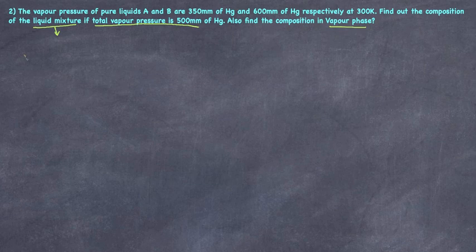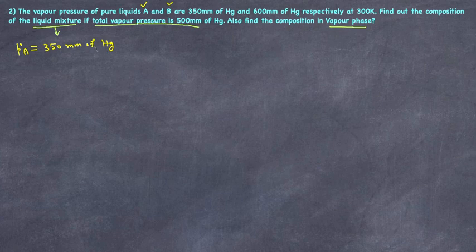Again, first of all, let's write down what they gave us. They gave us the vapor pressure of pure liquids A and B. So P naught A is equal to 350 millimeter of mercury.